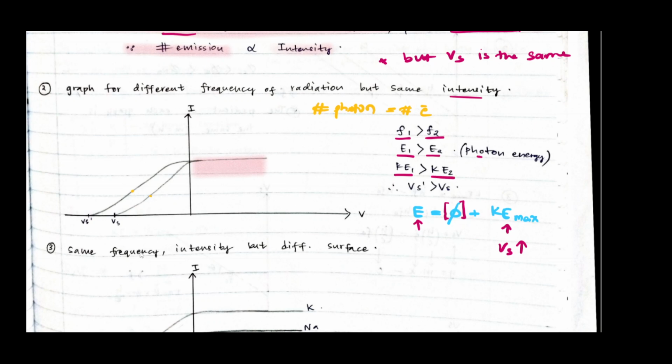It also gives the idea that Vs dash is greater than Vs. So this is frequency f1 and this is frequency f2. Let's include these two, f1 and f2.